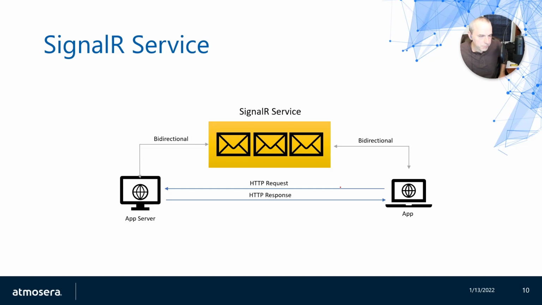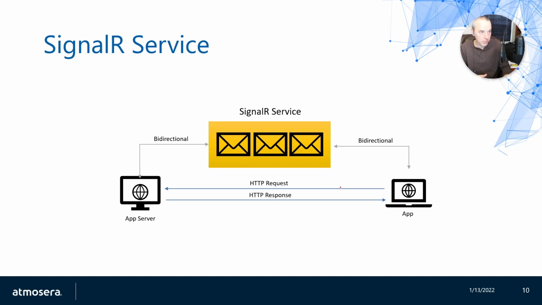Now, originally, SignalR was developed back in the old days of .NET to provide bidirectional communication between web apps that were browser-based and application servers. The way that was typically done was through long polling. Well, when WebSockets came out, the ability to use WebSockets for bidirectional communication meant that you had to write essentially two different stacks.